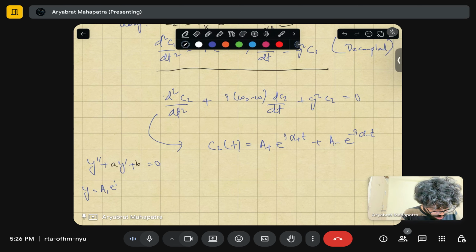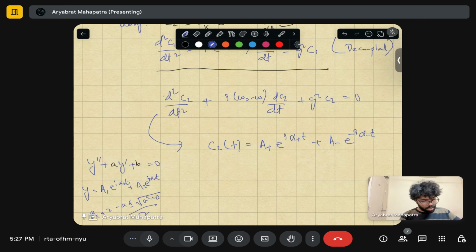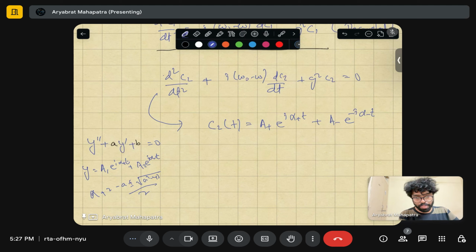So you write it as a1 exponential i alpha plus t plus a2 exponential i alpha minus t. This is what you write as the solution, where alpha plus is the root of this auxiliary equation, which is minus a plus or minus square root of a square minus 4b over 2. I hope you know this from your mathematical methods courses.